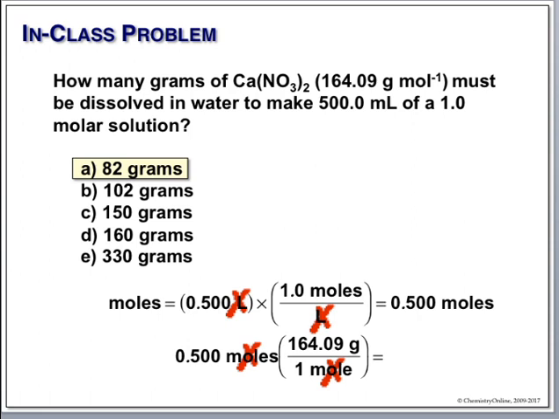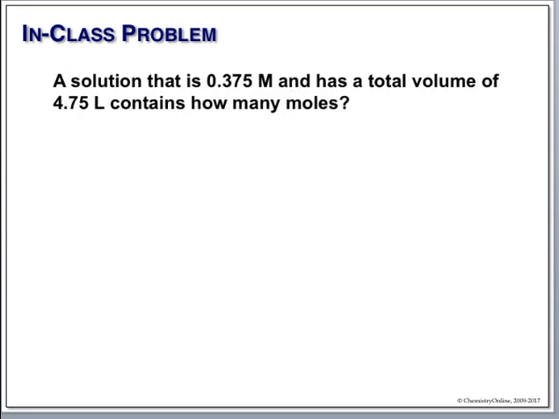This next one was a simple show your work. We have a 0.375 molar solution. We have 4.75 liters. How many moles is that? After we finish saying mass over molar mass, what do we say?